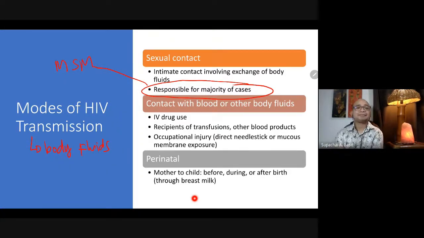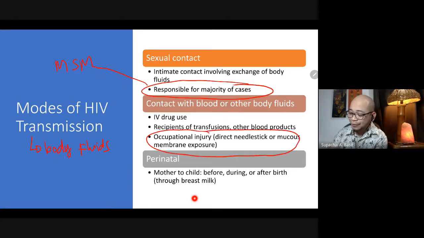Aside from that, there could also be contact with blood or other body fluids, such as intravenous drug use, particularly if you're using unsterile syringes, recipients of transfusion and other blood products, and occupational injury. This one is very common for us medical technologists. That's why you really have to be careful because of the possibility of accidental needle stick or mucous membrane exposure.